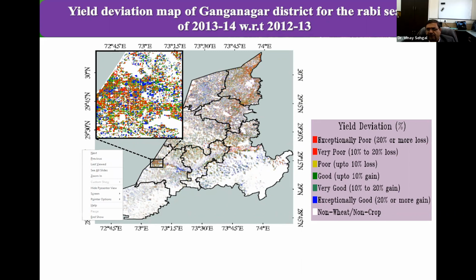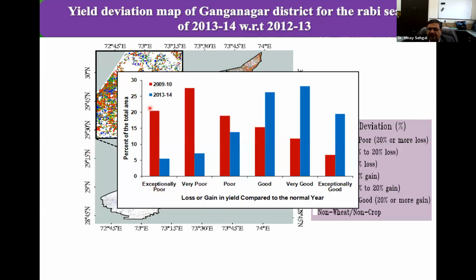Overall for the district, in a poor year, more area was under very poor, exceptionally poor and poor categories, and less under good, very good and exceptionally good. Whereas in a very good year, there was very little area under exceptionally poor or very poor, and more under good, very good and exceptionally good. So vicariously it proved our methodology.